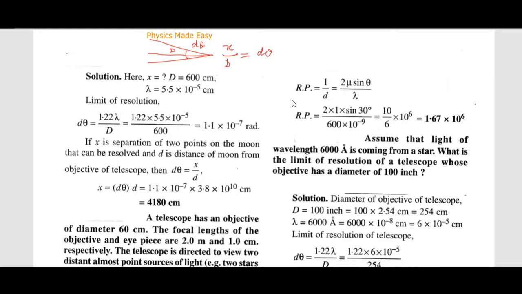This capital D is D m, I will write, distance from moon. So in this case, he has asked us the linear distance dx multiplied by distance from moon.